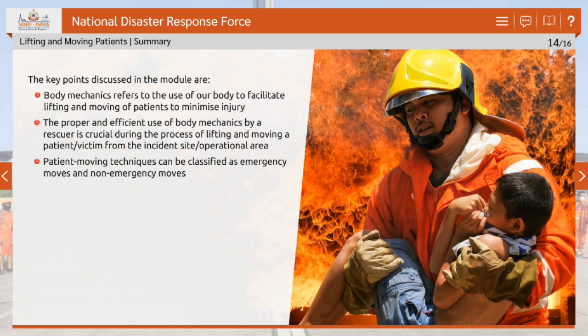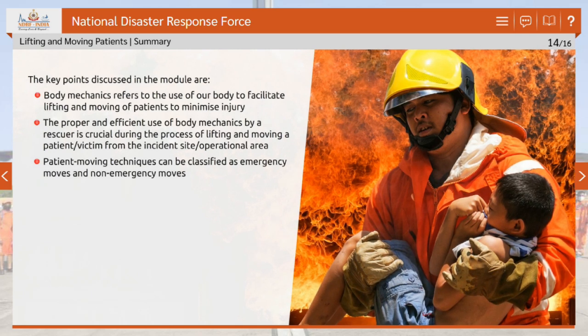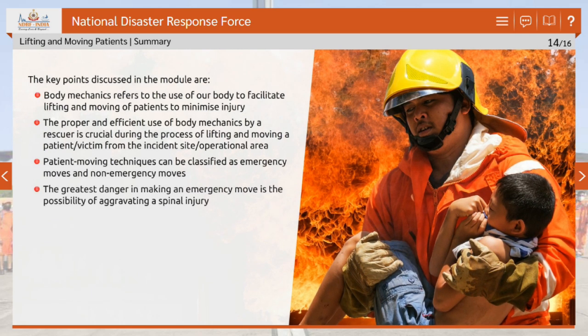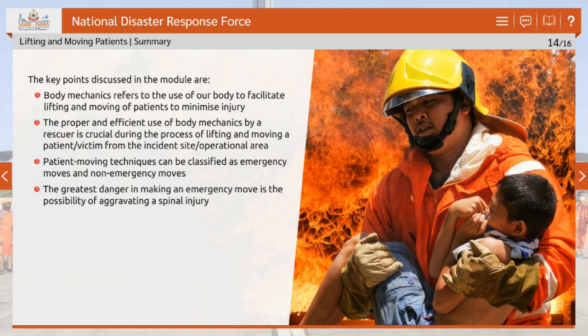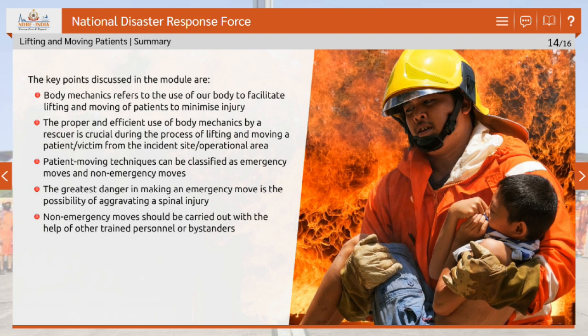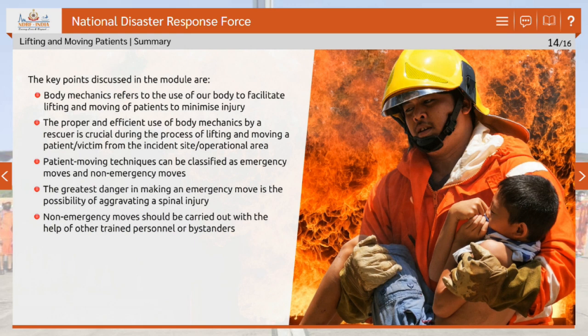Patient moving techniques can be classified as emergency moves and non-emergency moves. The greatest danger in making an emergency move is the possibility of aggravating a spinal injury. Non-emergency moves should be carried out with the help of other trained personnel or bystanders.